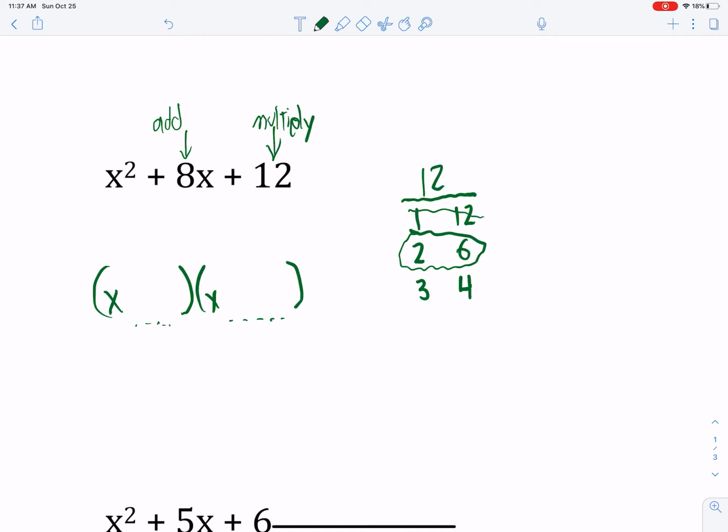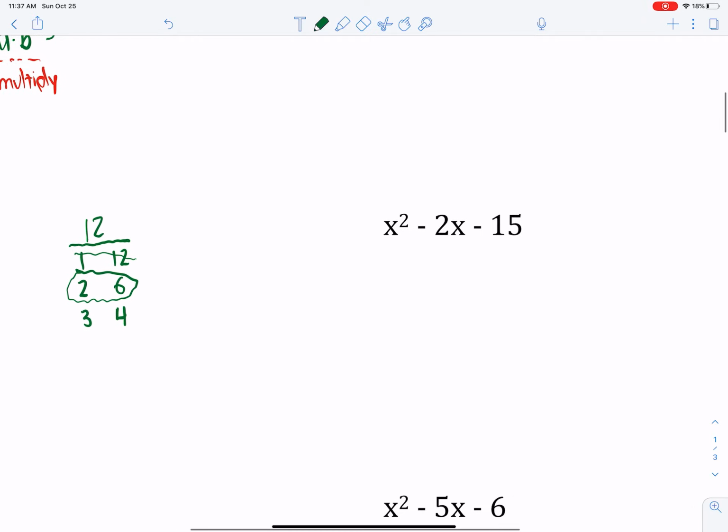That's what I need. So the answer is x plus 2 times x plus 6. So the thought process you want to go through when you're trying to factor this kind of problem is what multiplies to be the last number and adds up to the middle number. Notice we're factoring things in this section that have a 1 at the front, a 1x squared. Later on, we'll get to how to factor it when there's a different number at the front.